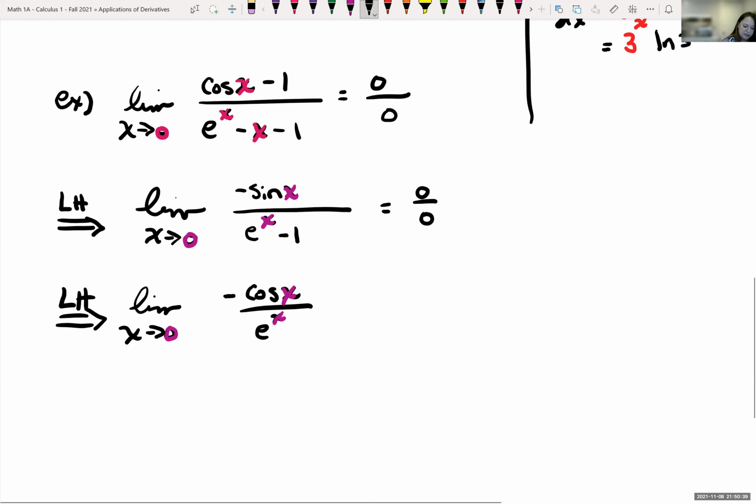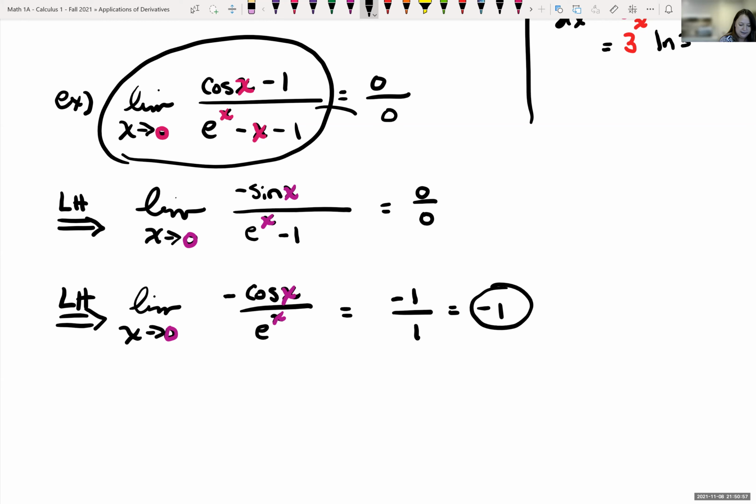And so now when we do our direct substitution, we get negative cosine of 0, which is 1. So negative 1 all over e to the 0, which is 1. So now this is not an indeterminate form anywhere. And so we can look at that the limit as x approaches 0 of this original function is equal to negative 1 by L'Hopital's rule.